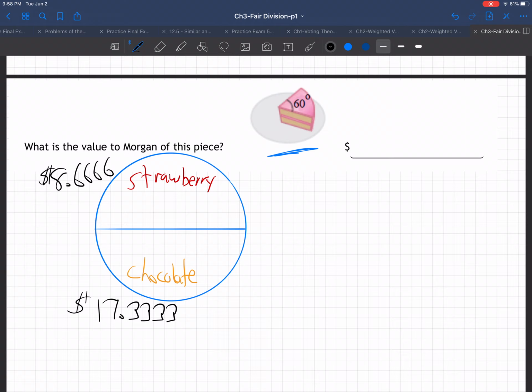Okay, so now the 60-degree angle. Well, if we go right here at the center, how many degrees is halfway around a circle? There's 180, right? Because all the way around a circle is 360 degrees. So 180 is the whole strawberry piece.